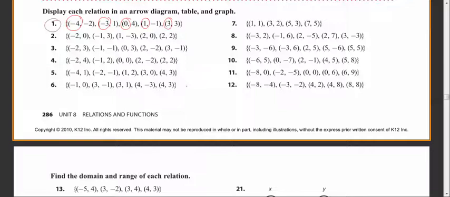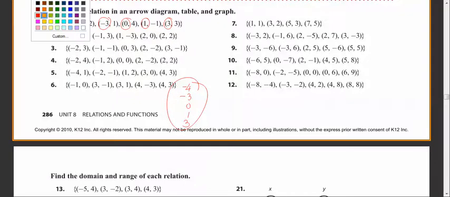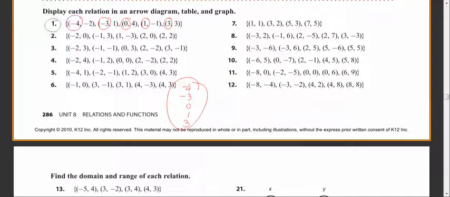And if you want to start with the arrow diagram, in the first diagram, you're going to write your numbers: -4, -3, 0, and 1, and actually there's a 3, right? And then you have the second diagram, which represents your range, and for the second one you will put all the second numbers here.